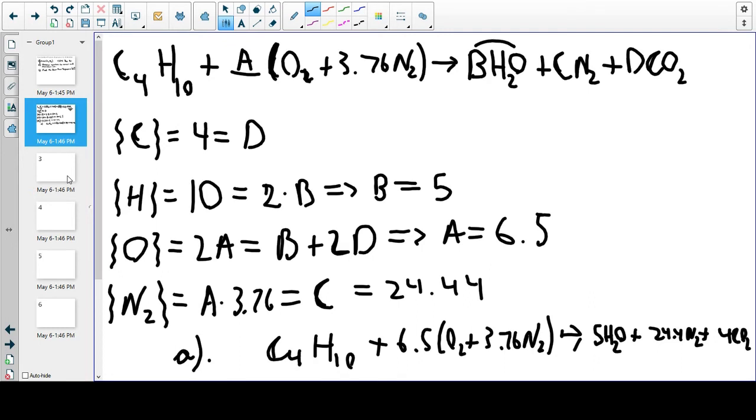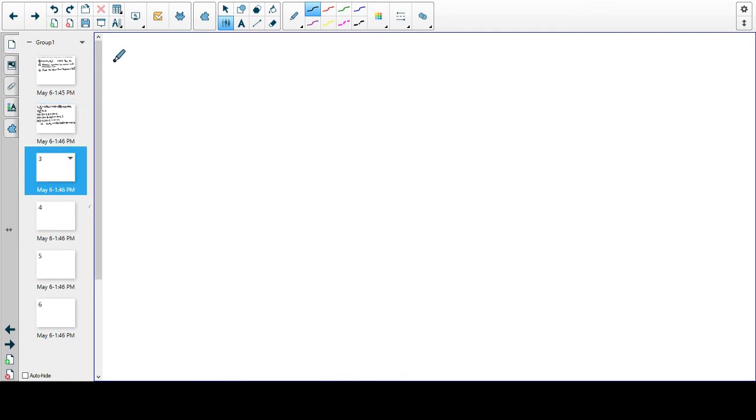So let's move on. Once again, I'm going to write this at the top. C4H10 plus, and then this part stays the same. We know our coefficient for air on the normal reaction, and we know that we're doing 150% theoretical air, so we must multiply by 1.5 here.